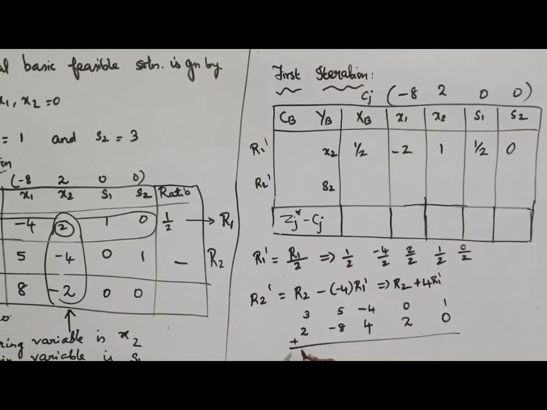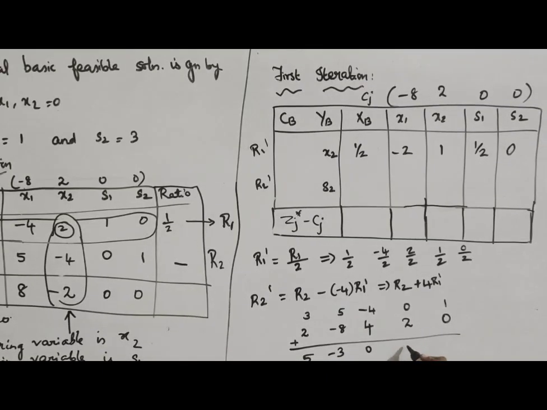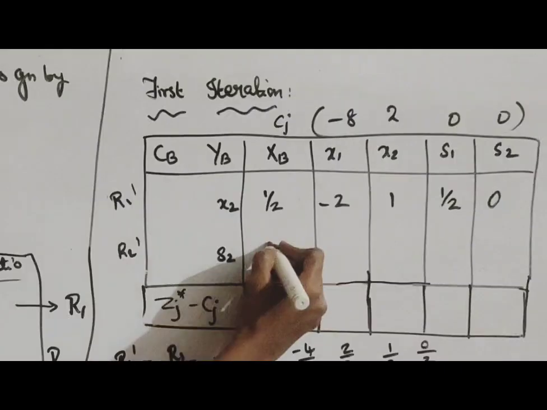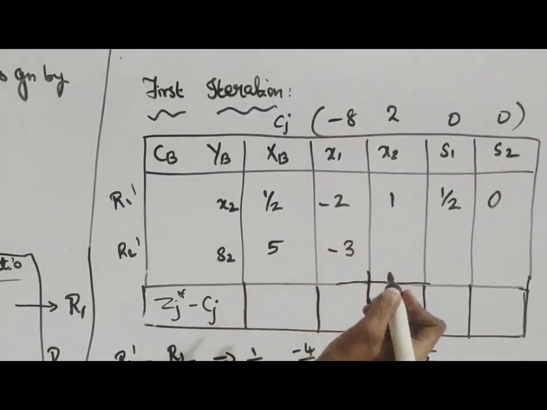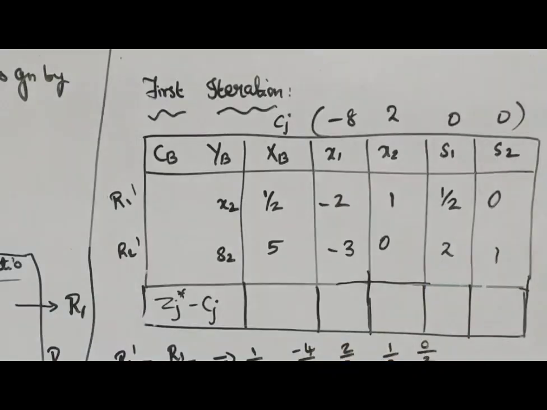You have to add these values, right? 3 plus 2, 5. 5 minus 8, minus 3. Minus 4 plus 4, 0. 0 plus 2, 2. 1 plus 0, 1. Therefore, the new R2 dash values are 5, minus 3, 0, 2, 1.